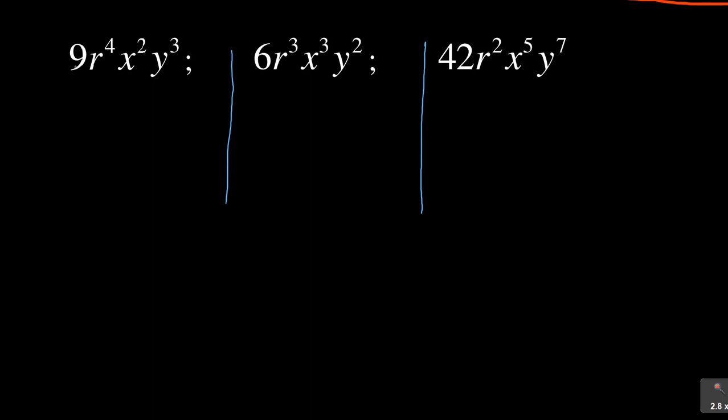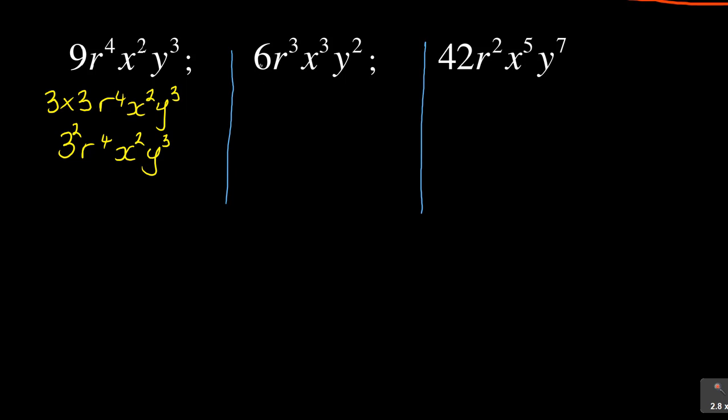So let us start with 9. We've got 9 r^4 x^2 y^3. What are the prime factors of 9? It is 3 times 3, which is 3 squared, r^4 x^2 y^3. So the prime factor of 9 is 3 times 3.